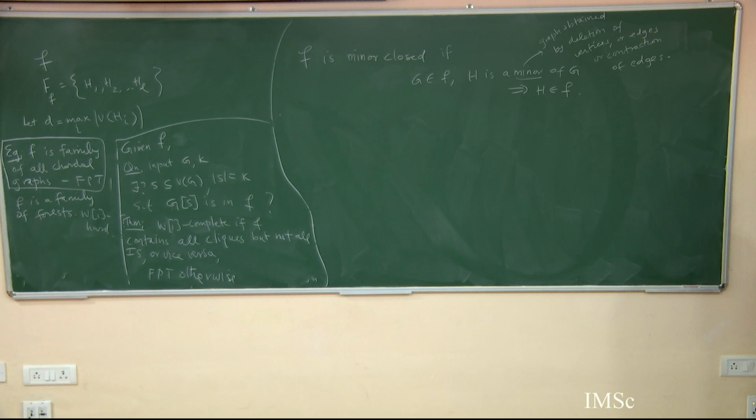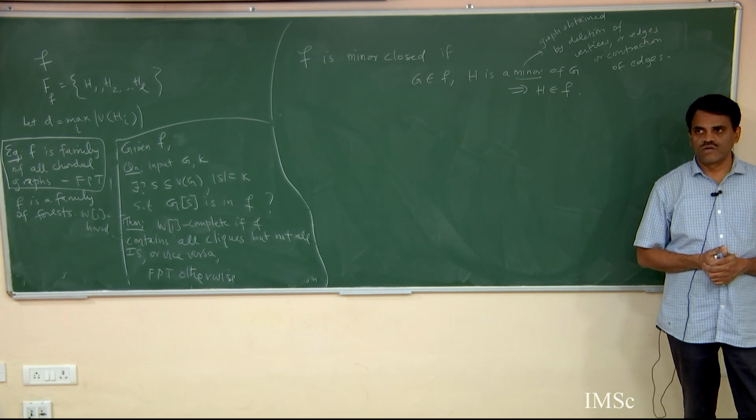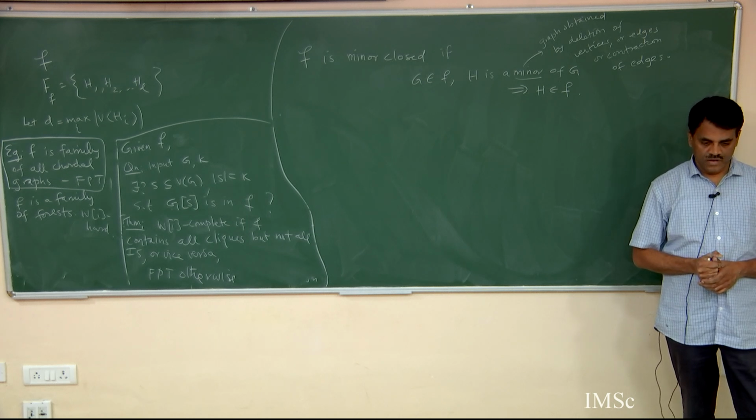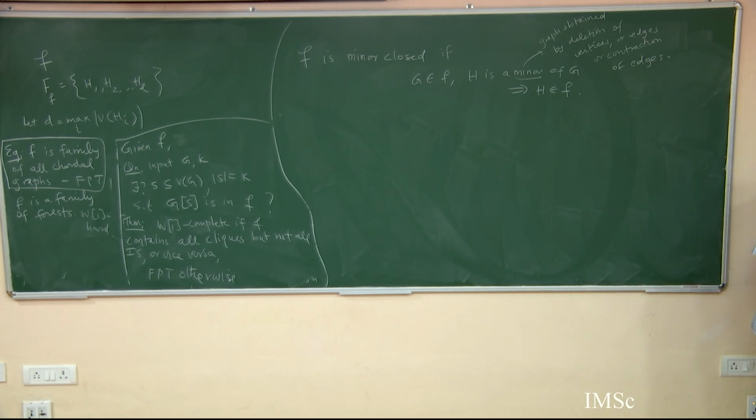So a lot of graphs we've seen, are bipartite graphs minor closed? No, they're not, because you can create an odd cycle. Suppose you have an even cycle.